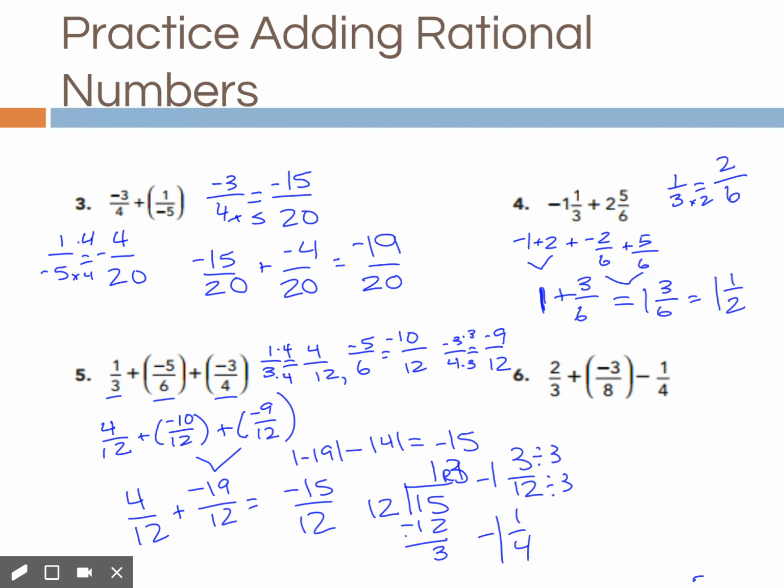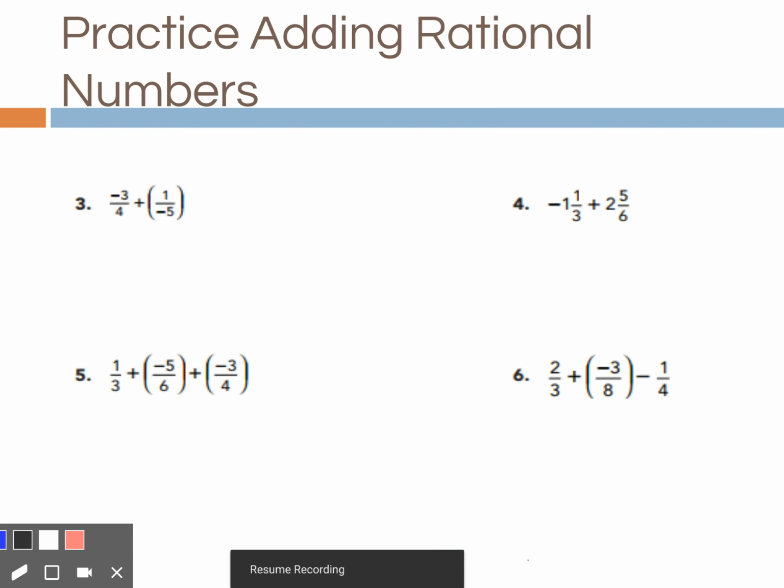Okay, why don't you give 2/3 plus negative 3/8 minus 1/4 a try and come back and check your answer in just a moment. So 2/3 plus negative 3/8 minus 1/4. The least common multiple of 3, 8, and 4 is going to be 24.